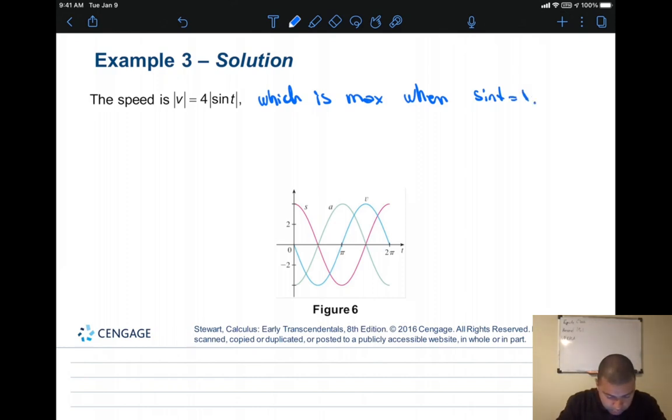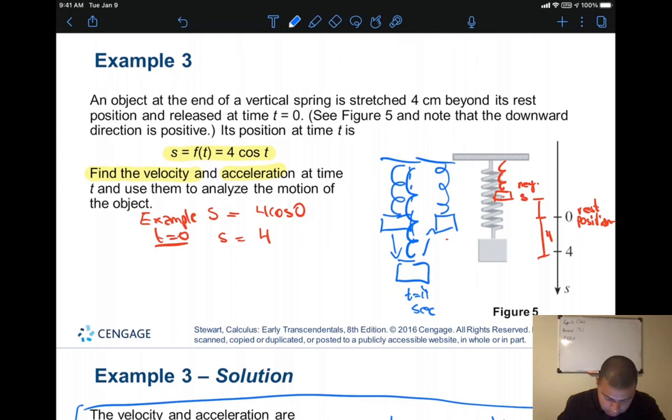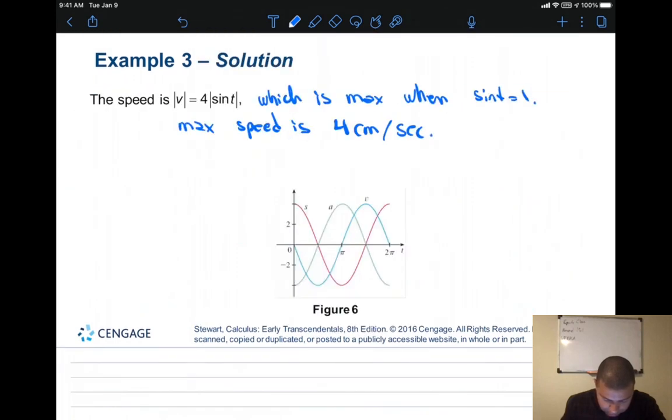So we have max speed is 4, I think centimeters per second. Could be wrong on that. It doesn't say the unit of time, but I'll just leave it as seconds.